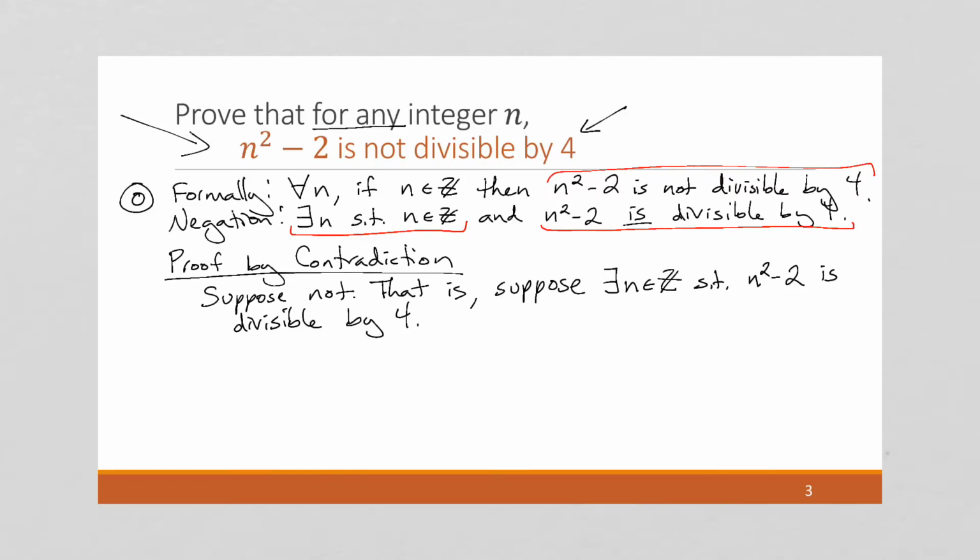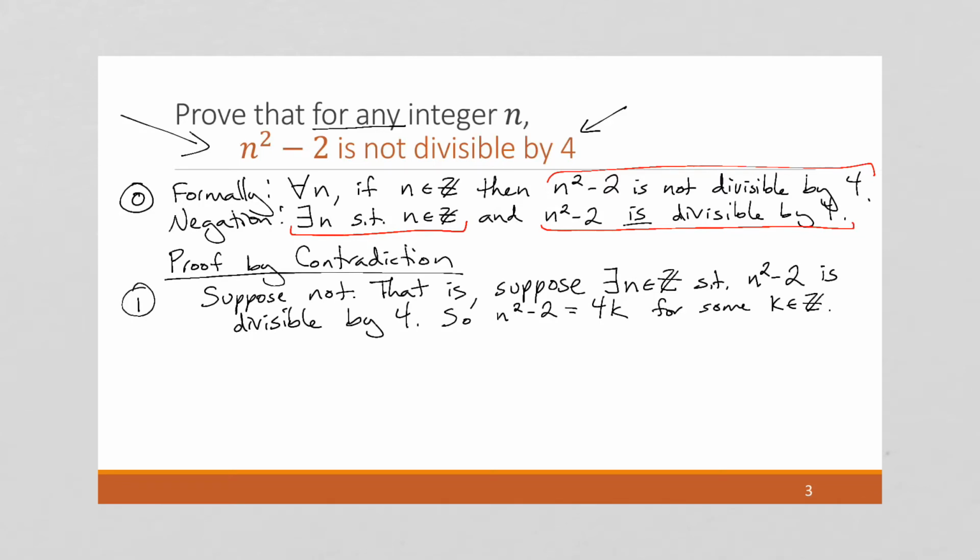So suppose that there exists an n in the integers, such that n squared minus 2 equals 4k for some integer k. That is the definition of divisibility. So we're going to suppose this is true.